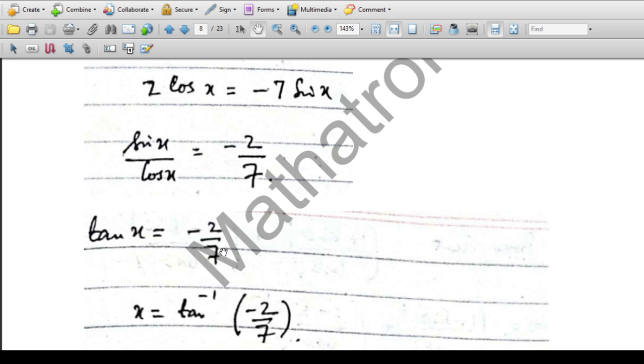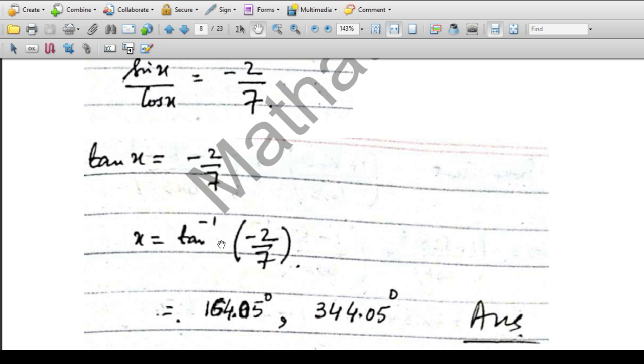We know that tangent is negative in the second and fourth quadrant. In the first and third quadrant, tangent is positive. So we will take it from the calculator, making sure that the selection is on degree.